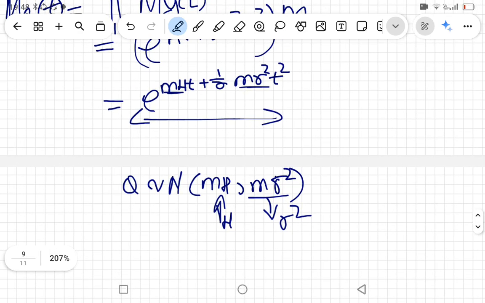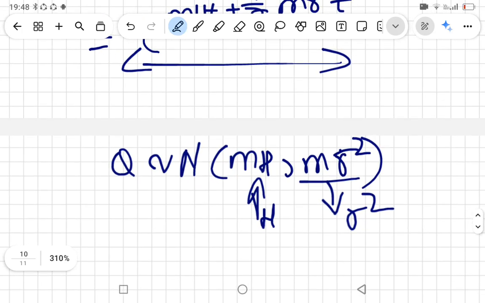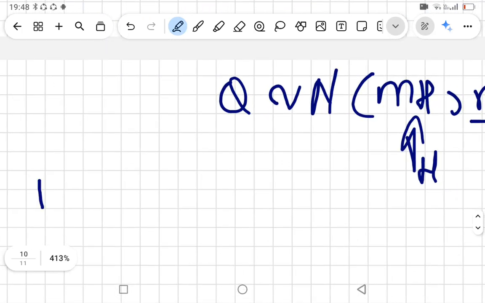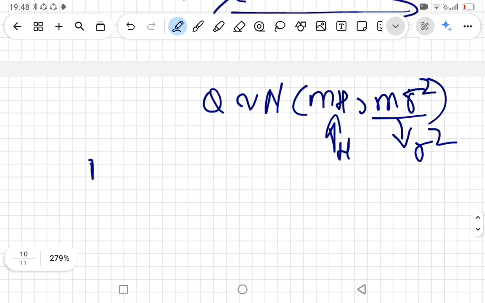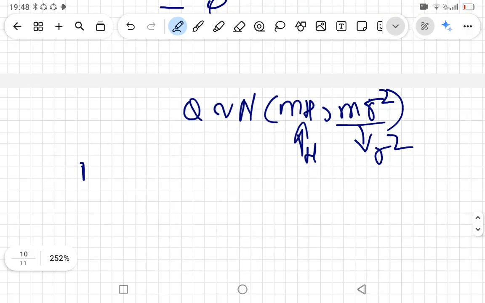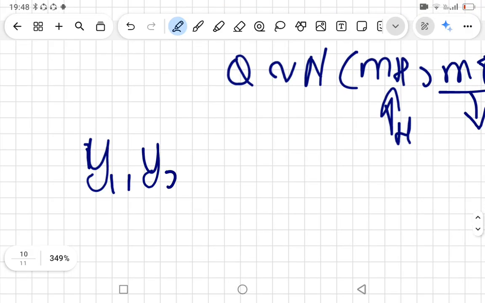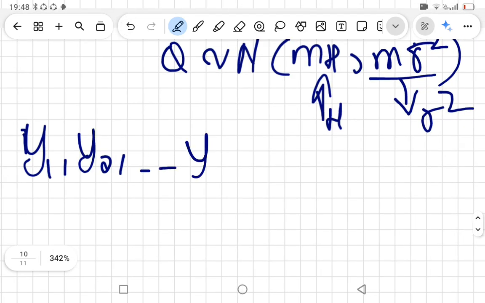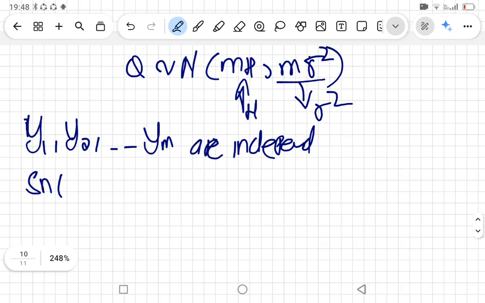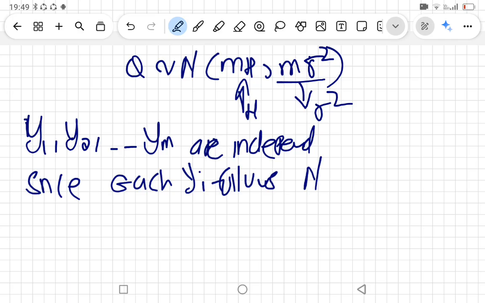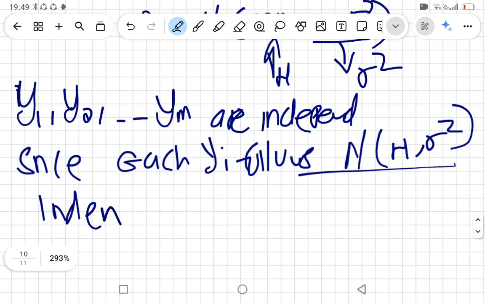We see that the value of our observations does not affect the value of the others. So we can say y1, y2 up to ym are independent, since each y follows normal mu, sigma squared, and we've got independence.